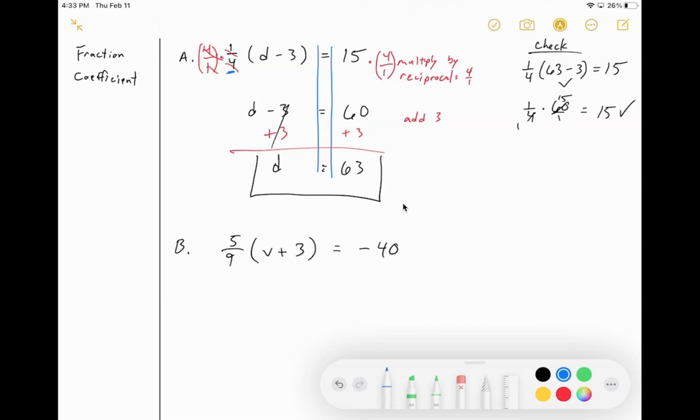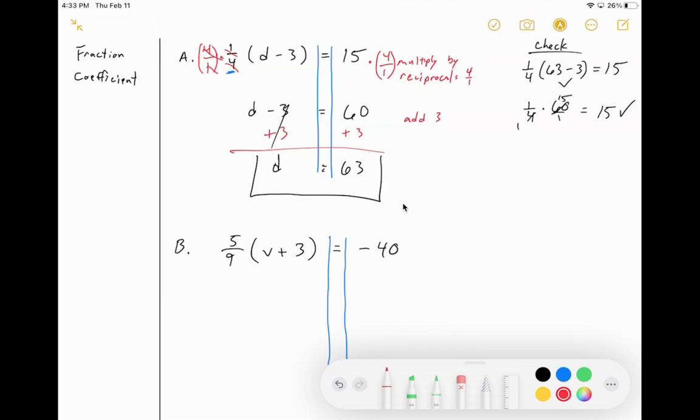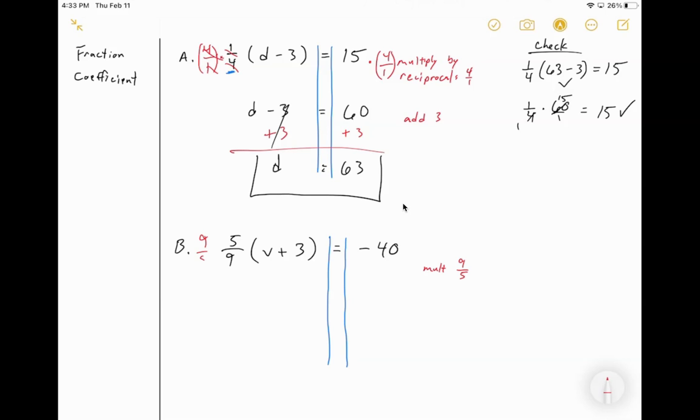All right, so first step, let's go ahead and draw our wall right here. We are going to multiply by the reciprocal, which is 9/5. Again, how do I know what to multiply? Just flip that over, because we want everything to cancel. So we multiply here by 9/5.